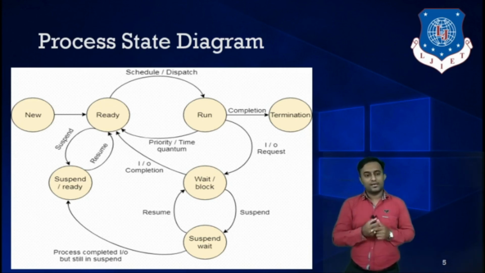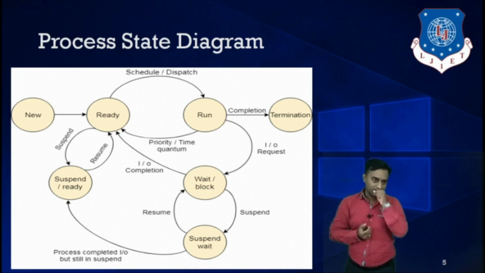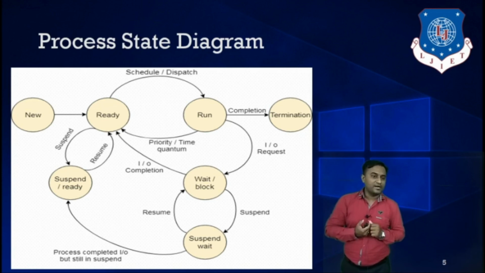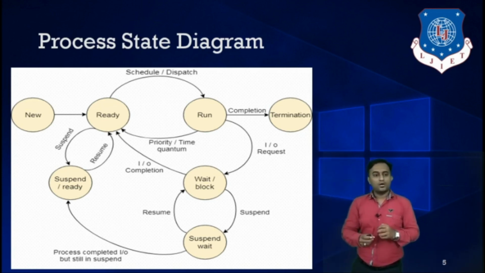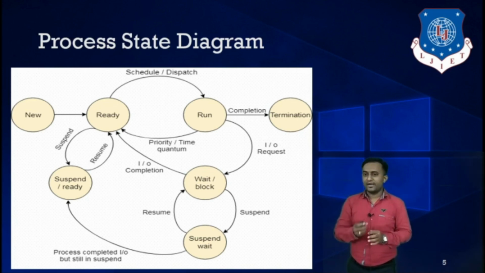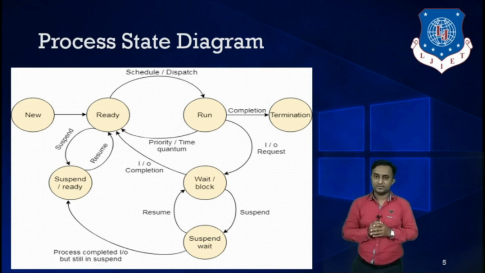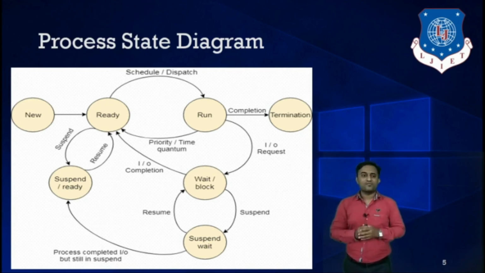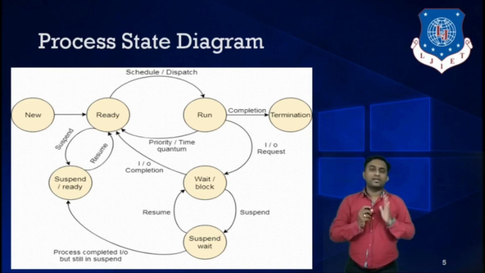Now what is the relationship between these two states, suspend ready and suspend wait state? As I told you, during suspend wait state, the process is executing its task as far as IO operation is concerned. Once it has completed its task, that process needs to be shifted to the ready state, but it cannot directly go to the ready state.